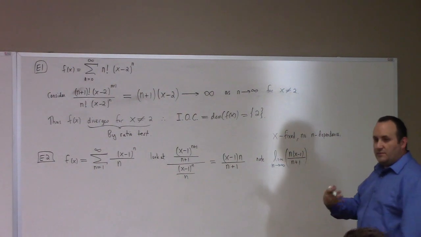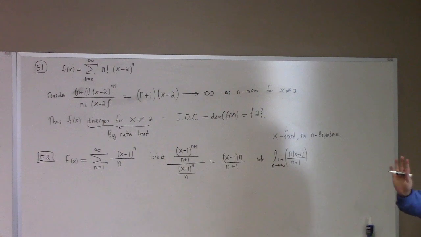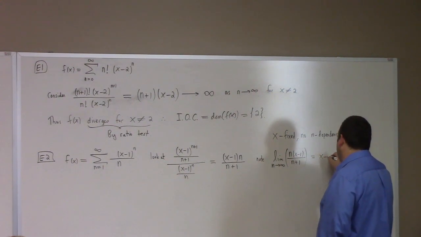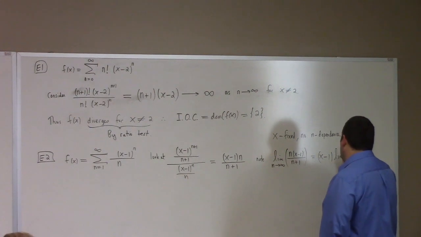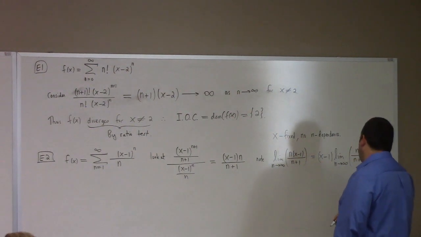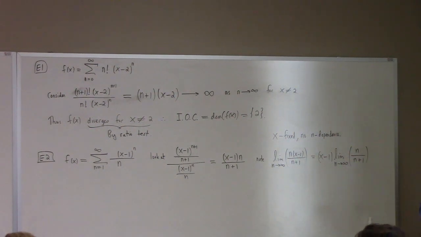So it's a constant with respect to this limit in n, which means we can pull x minus 1 out of the limit, right? And then you said L'Hopital's. I mean, we could do that, but at this stage in the game, I'm completely fine with you guys just going, that is a simple limit. We know that that goes to 1. But yeah, you could L'Hopital it.